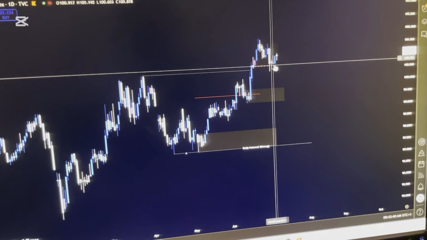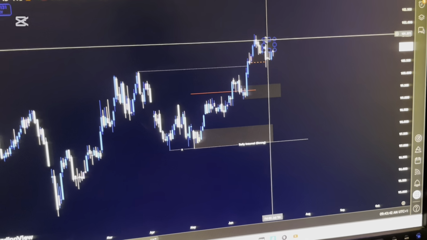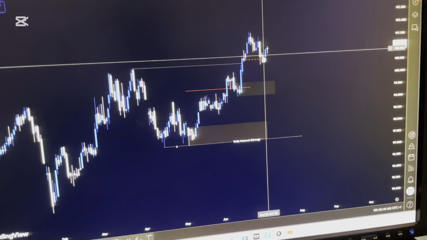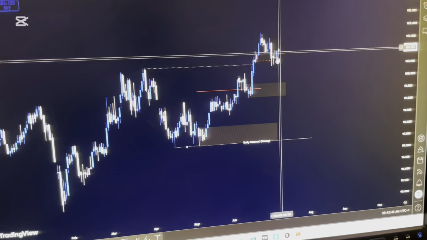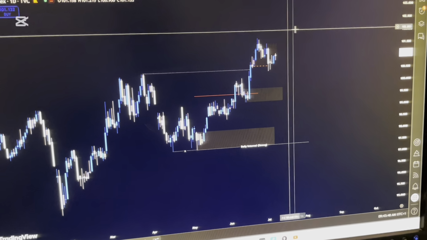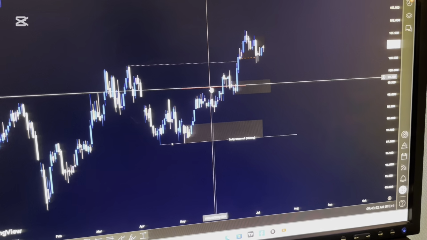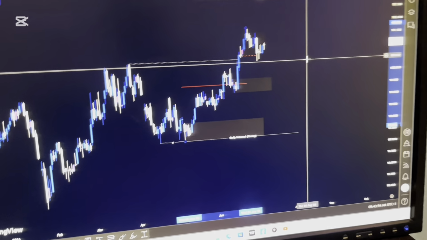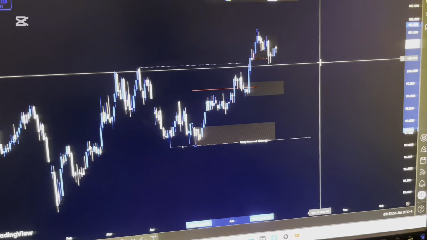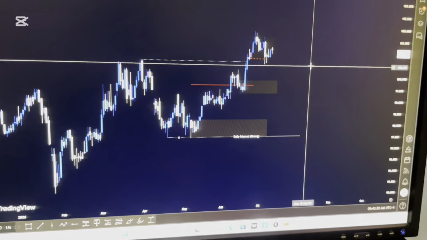And here is the fractal break here. So until this high goes, I'm not going to say that price is going to head to the upside again, but I'm still looking for a little bit of a downside towards the 0.5 fib retracement, right? So that's all that I'm watching, guys.